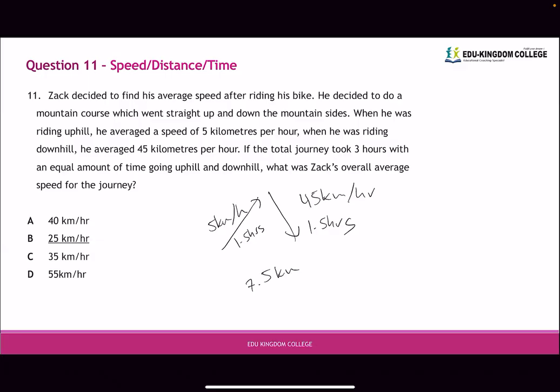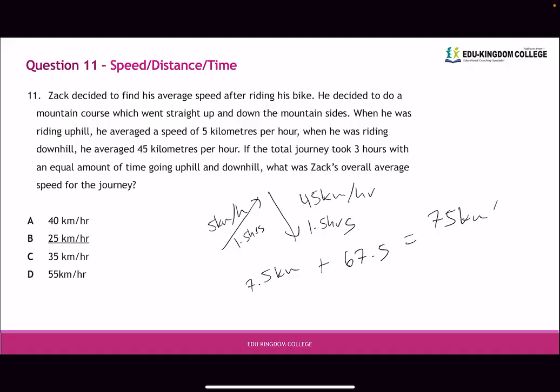On the way down, he travels 45 times 1.5, which is 67.5, I believe, because it's 22.5 plus 45. Yes, when you add those together, you should get 75 kilometers in total.